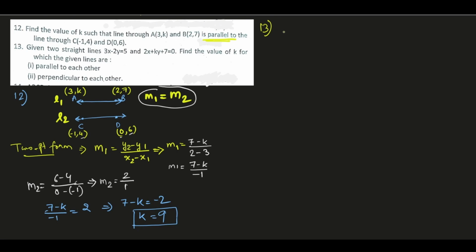Given two straight lines. So let's write L1 first. L1 is 3x minus 2y is equal to 5 and L2 is 2x plus ky plus 7 is equal to 0.